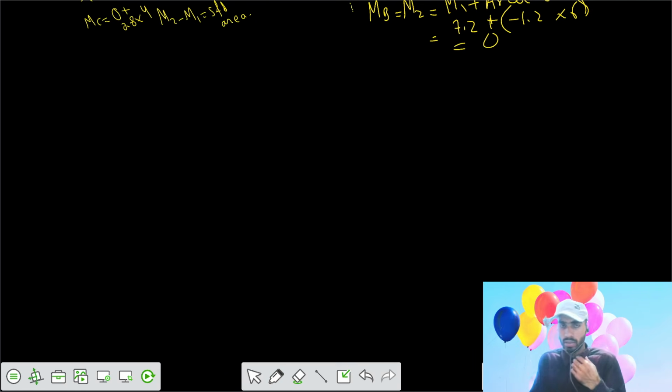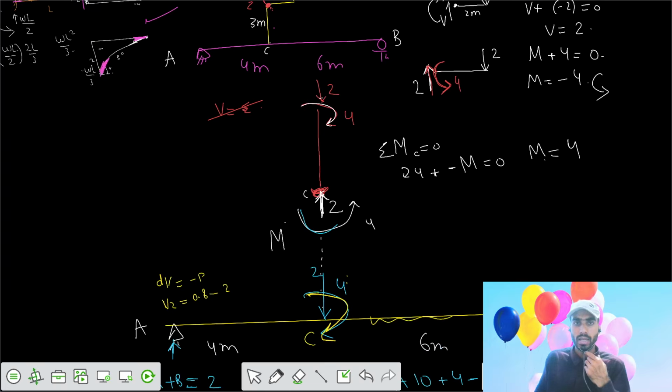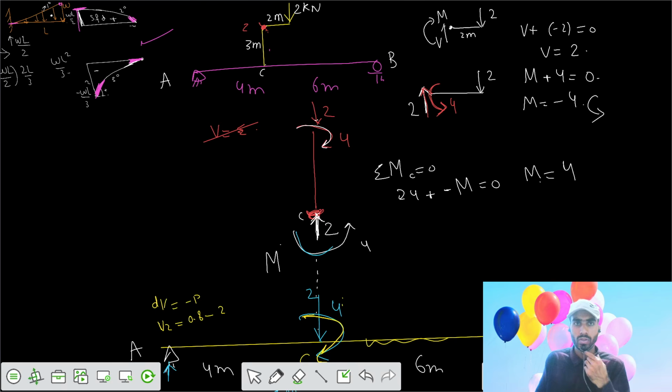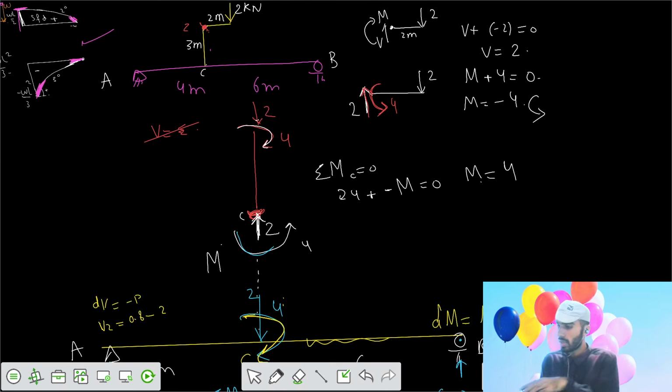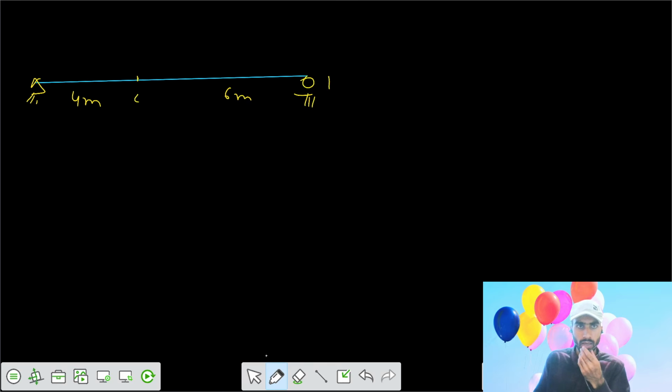Similarly, if the bracket plate was installed opposite to this direction, let's say this was your beam, and 4 meter point C, and 6 meter point B. A length was this 3 meter, 3 meter, and let's say this plate or this bar has been installed in the region CA.